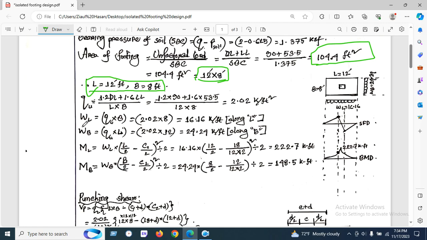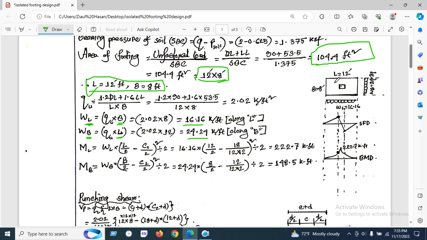Okay, so we will see the unit pressure of the soil along the L direction, which will be upward pressure of soil times B. When we calculate the L direction, we multiply by B. When we calculate the B direction, we multiply by L. The unit pressure will be 16.16 kip per feet and 20.24 kip per feet in the L and B direction respectively.